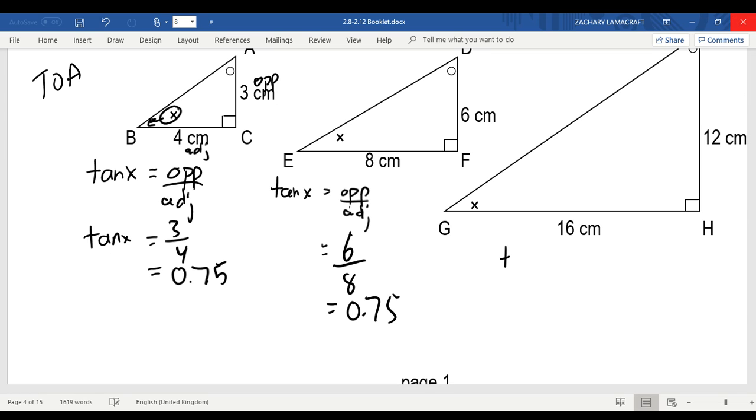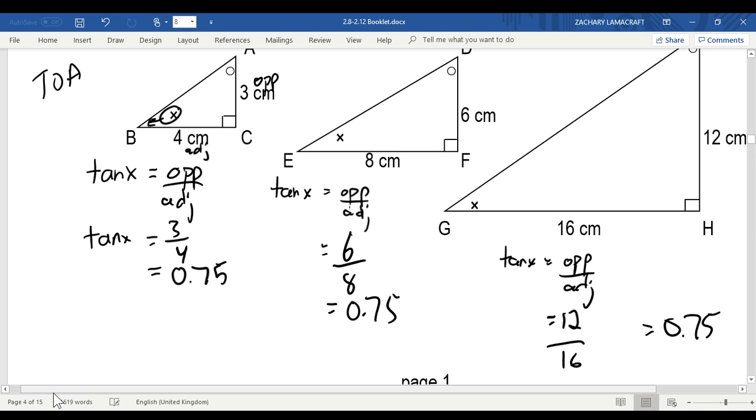All right, last one. Which sides are opposite? 12. What's our adjacent? 16. If we do that on our calculator, 0.75. So that shows us that similar triangles, based on the tan ratio, have the exact same angle.